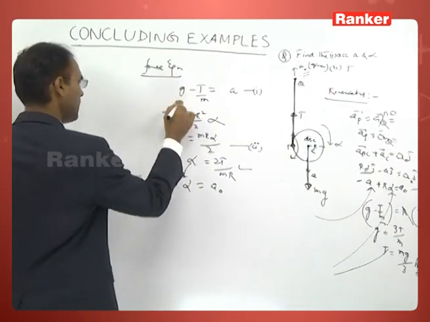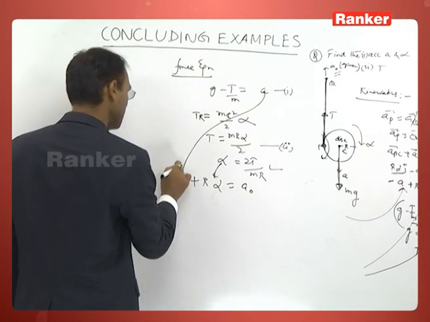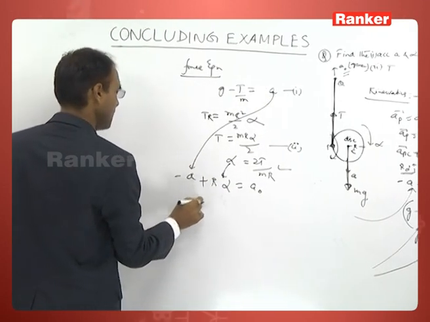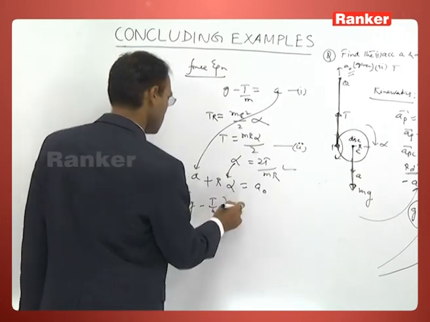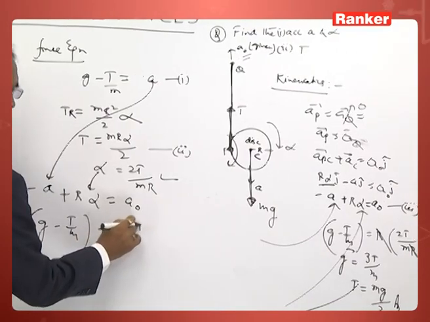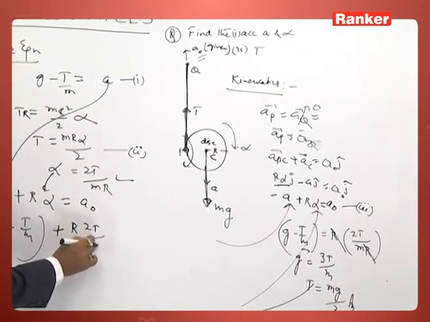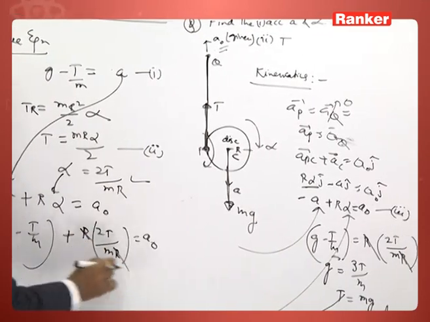Alpha you substitute here, and you substitute the acceleration to get g minus T by m, negative of this, plus R alpha, which is 2T by m, is equal to a naught.